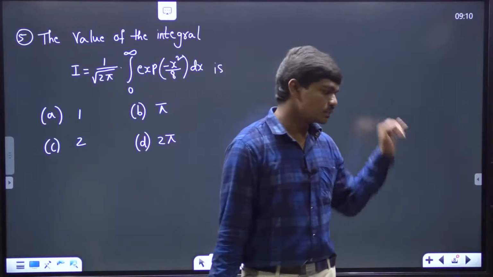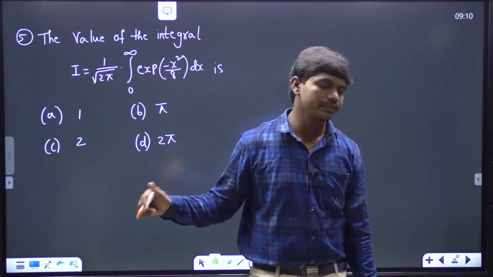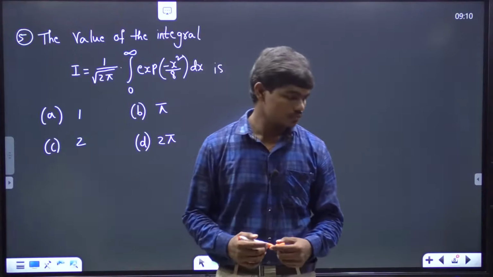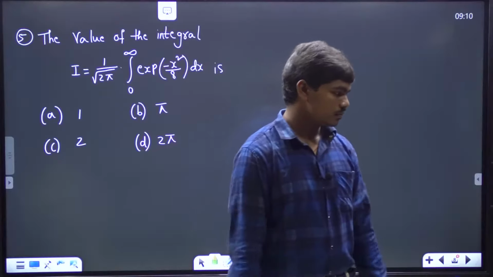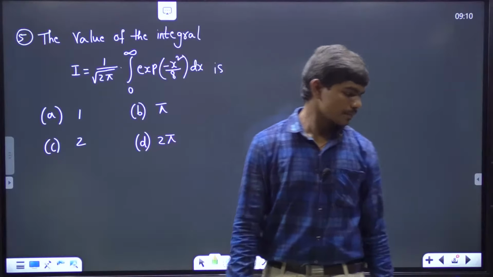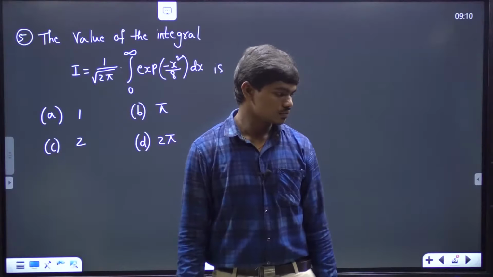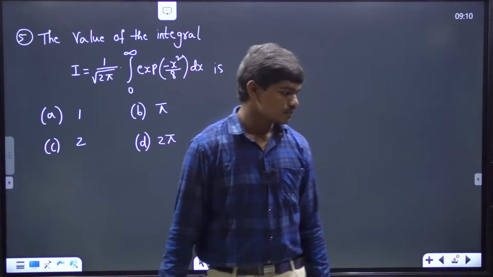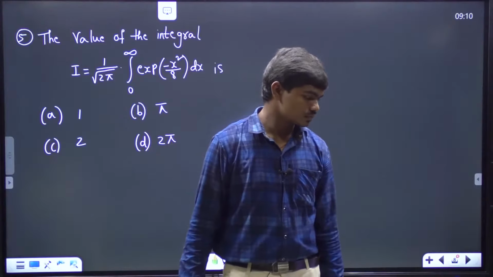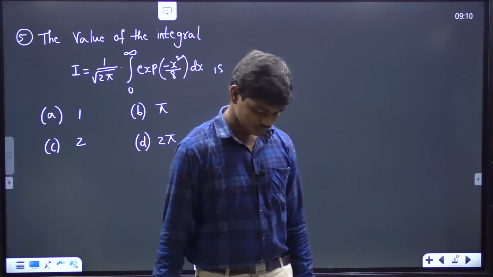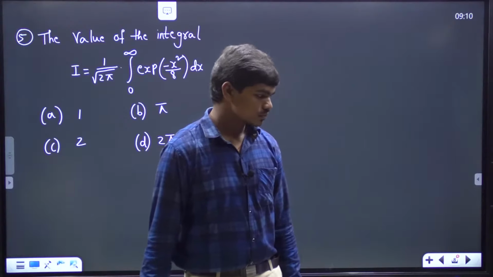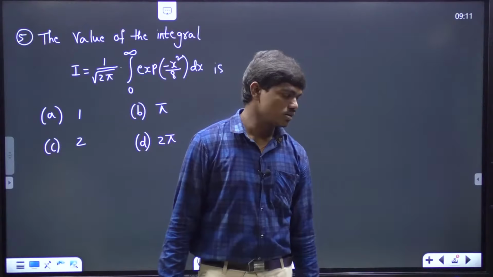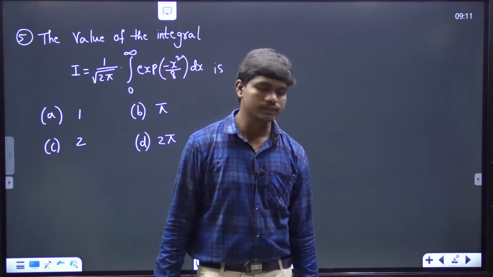So this is basically e power minus x square by 8. Tell me the answer for this. Please solve this question, all of you.